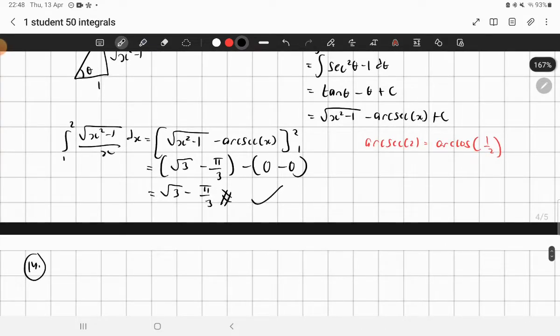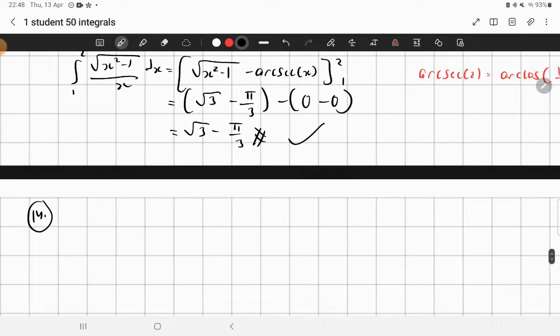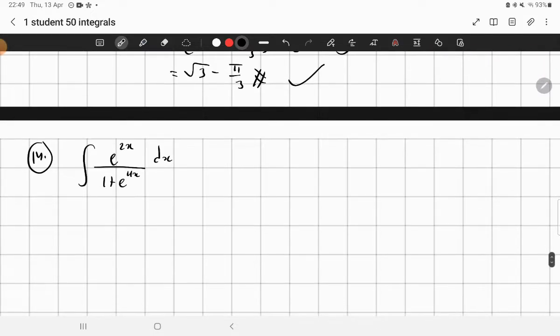So question 14, okay, this is a very direct integral. They gave us e to the power 2x over 1 plus e to the power 4x dx. By using an appropriate substitution, letting u be e to the power of 2x and taking the derivative, you will have 1 over 2 du equal to e to the power of 2x dx.